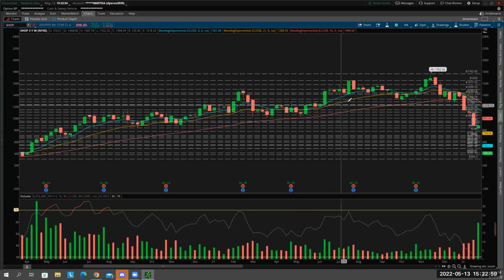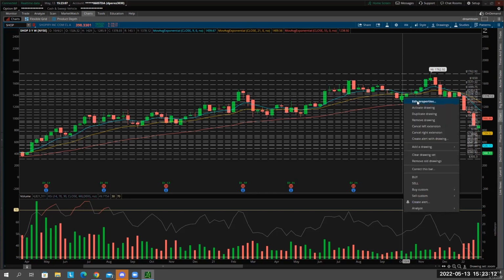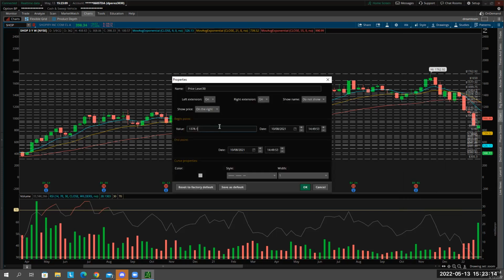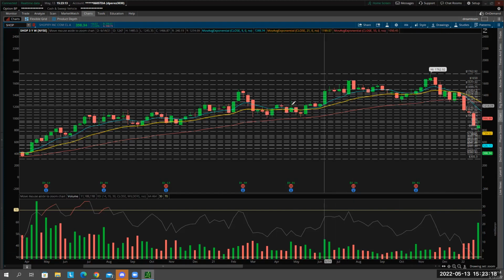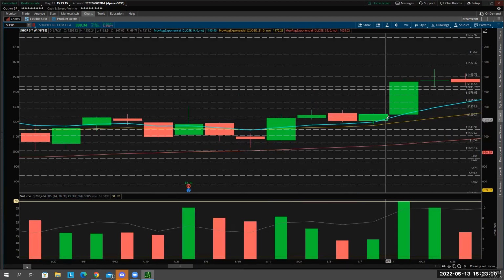All right, we're looking good, looking very good. Got the close at 1378.03. Some clear support right here. Open at 1209.12, close at 1205.74.